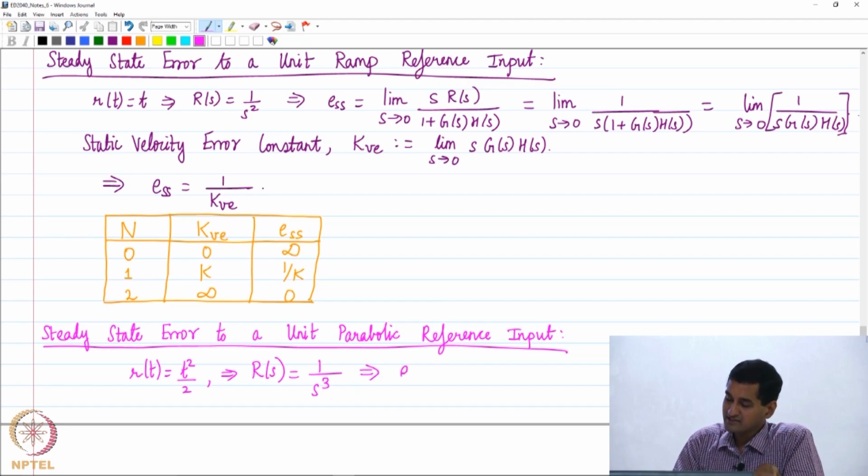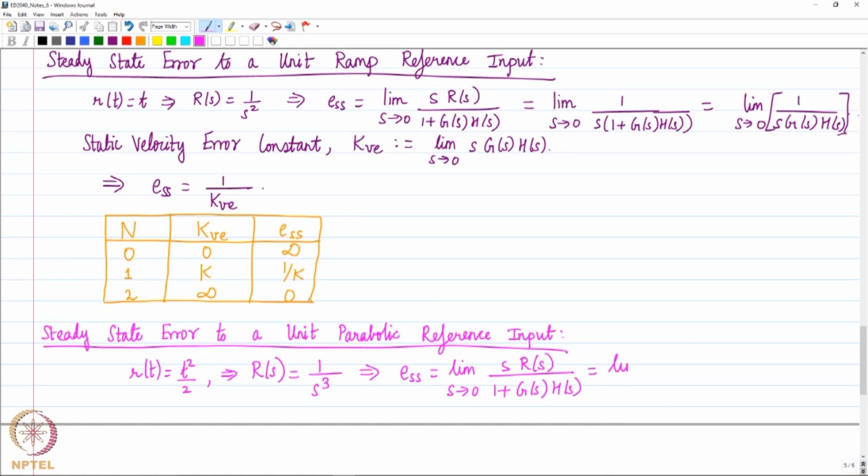So this implies that ESS, which is limit s tending to 0, s times r of s divided by 1 plus g of s h of s, is going to be limit s tending to 0 of 1 divided by s squared times (1 plus g of s h of s), which is equal to limit s tending to 0 of 1 divided by s squared g of s h of s.